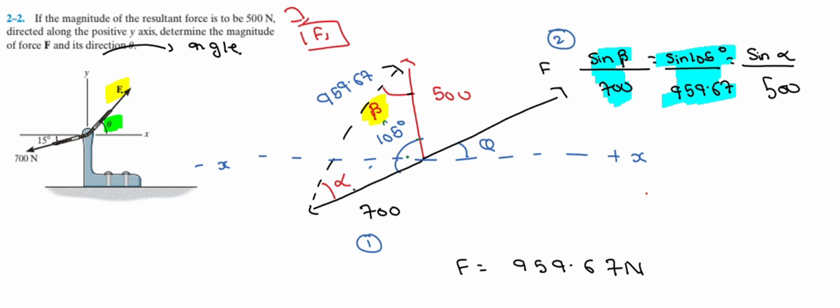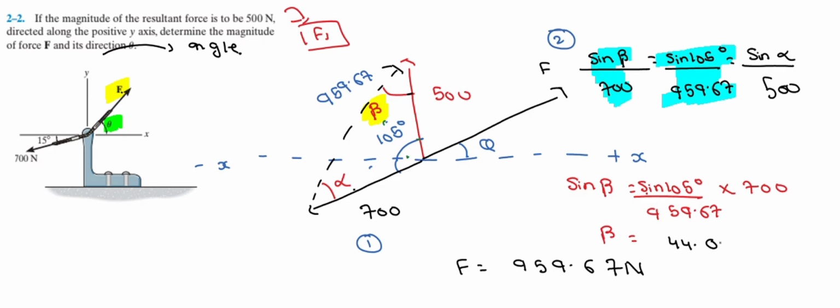So sine beta is nothing but sine 105 degrees upon 959.67 multiplied by 700. Grab the calculator, put the values into it and solve it for beta. So the value of beta is 44.06 degrees.